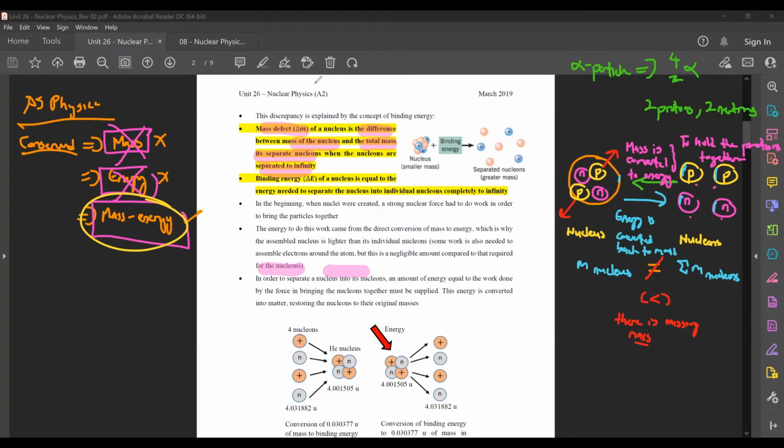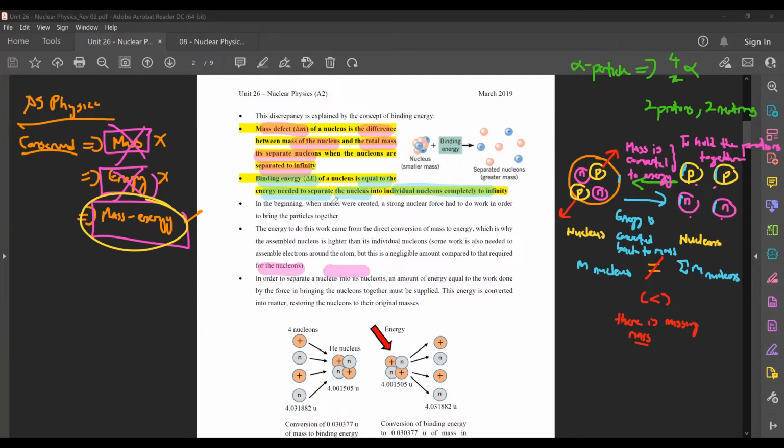Okay, now for mass defect, you have something else called binding energy. All right, binding energy is a definition that you will need to learn. Binding energy is equal to the energy needed to separate a nucleus into individual nucleons completely to infinity. So when you want to break apart the nucleus, you need to supply energy in order to break it apart.